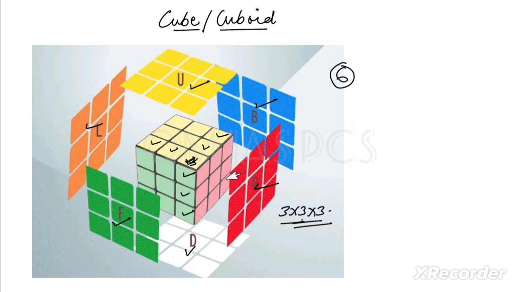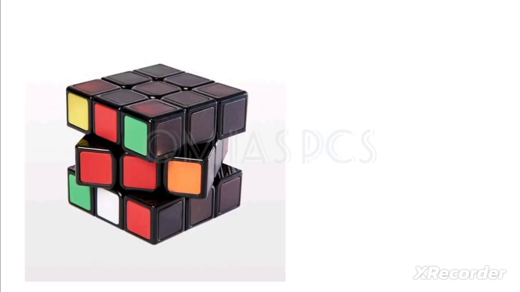Can you tell me how many smaller cubes it has? Just try it once, because this is the only thing they are asking. Let me help you. Try to understand layer by layer.